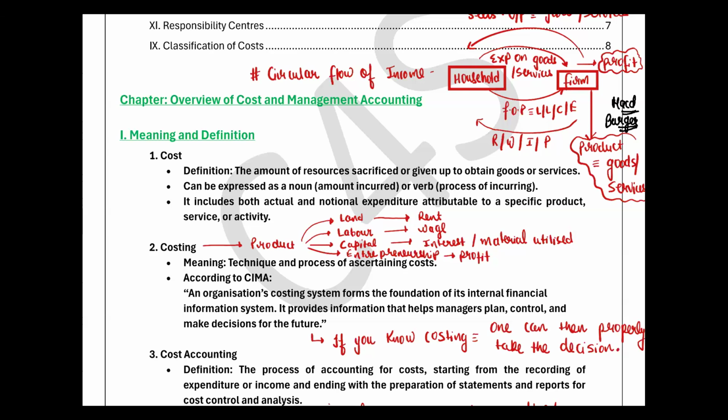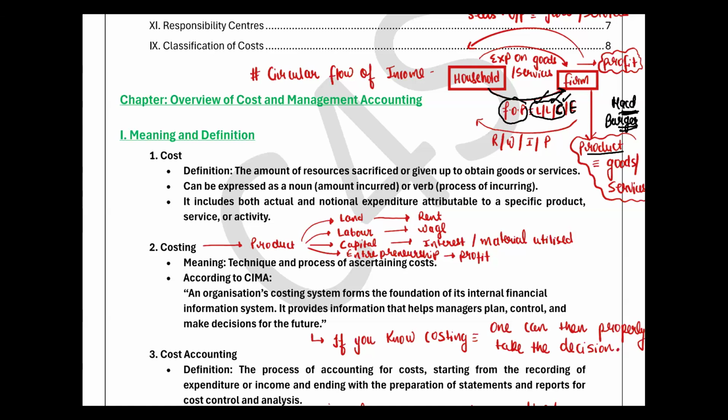When McD wants to establish its firm, what will they do? They will take factors of production from households: land, labor, and they will take a loan from the bank in the form of capital. They will mobilize this land, labor, and capital, and with entrepreneurship set up a McD burger house.